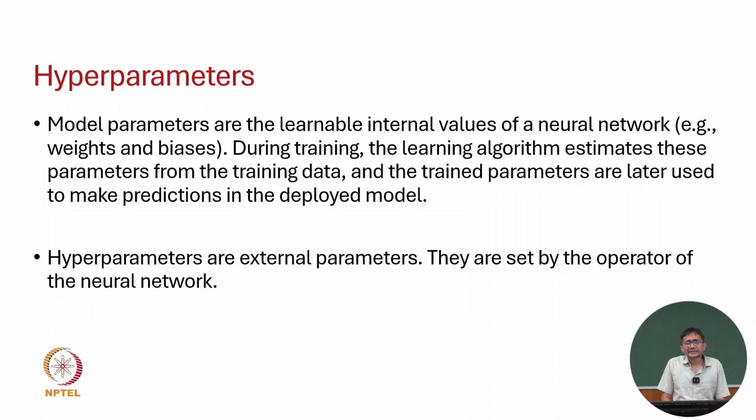Here it's important to also differentiate a bit. In the neural network context, when we say model parameters, we generally imply the learnable internal values of the neural network. During training, the learning algorithm estimates these parameters from the training data and the learning mechanism.